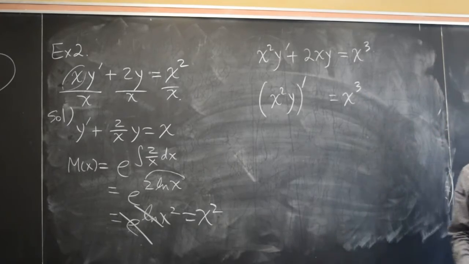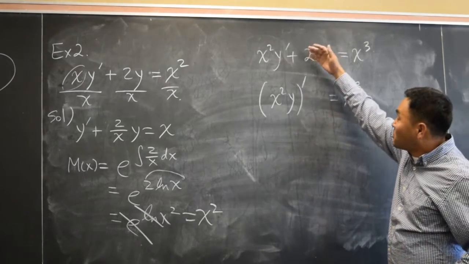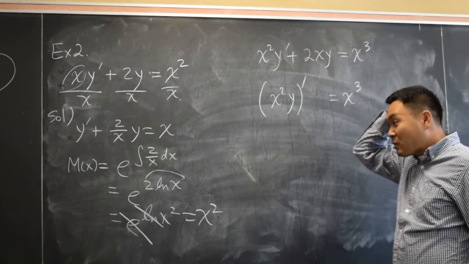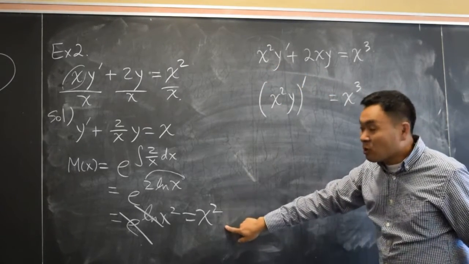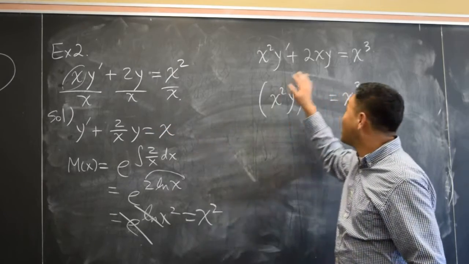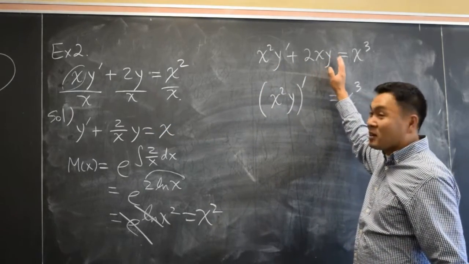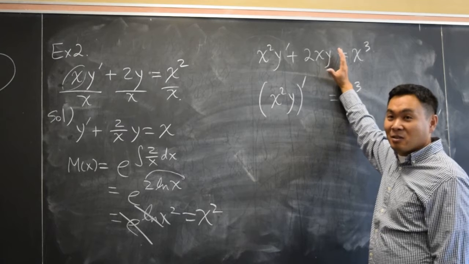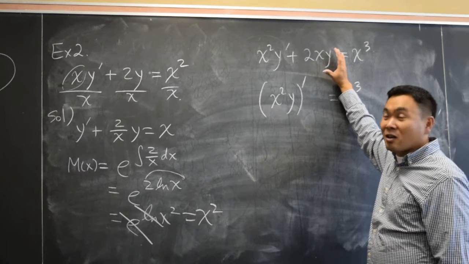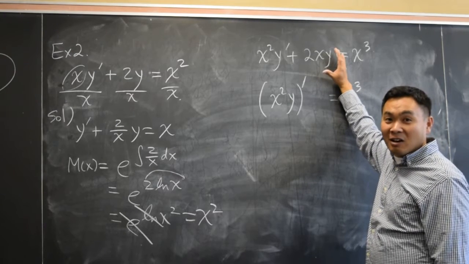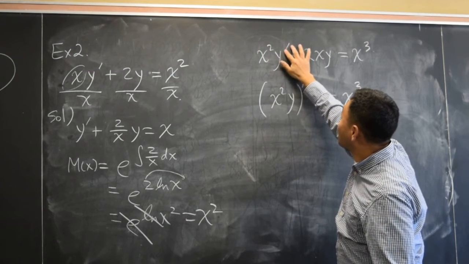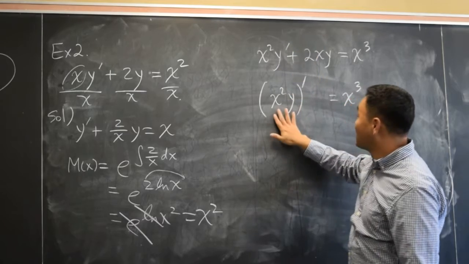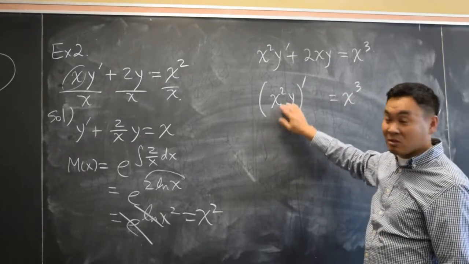Now I went through this one rather quickly, but by now you should understand that after you multiply the multiplier on both sides, if you have firm faith, like a religious faith, that the left side is a product rule, then you can just take this part, get rid of this y prime, and that's what should go inside this parenthesis.